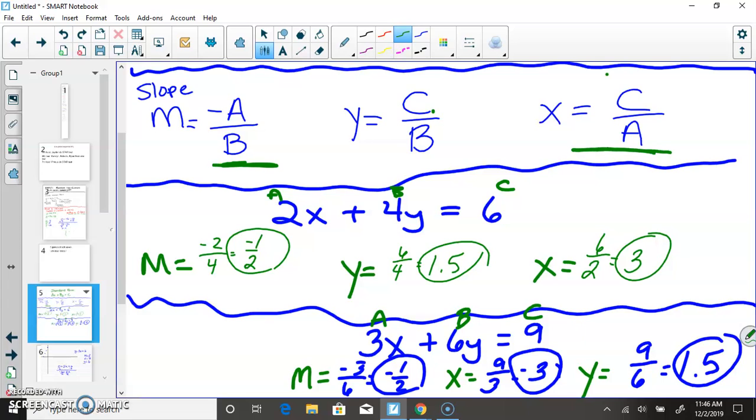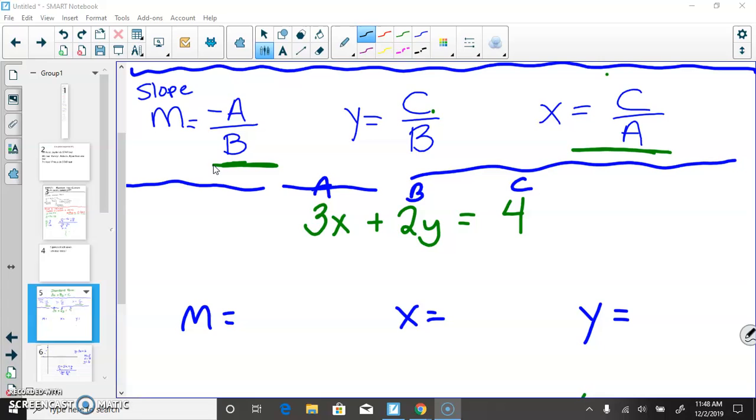So c, which is 9, divided by a, which is 3. 9 divided by 3 is 3. And to get y, you did c divided by b. So c was 9, b was 6, 9 divided by 6 is 1.5. So your slope would be negative a half. It would cross the x-axis at 3, and it would cross the y-axis at 1.5.